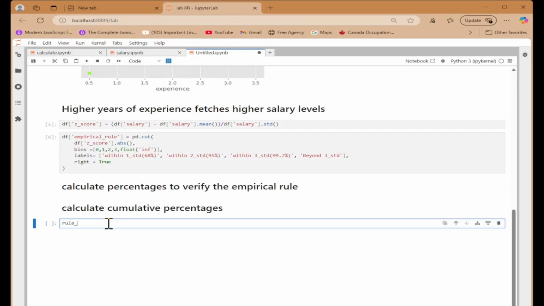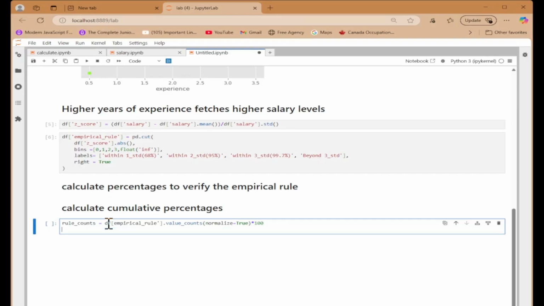Rule counts equals df empirical rule dot value counts. Okay, assuming normalization, normalize equals true, times 100 to express in percentages.